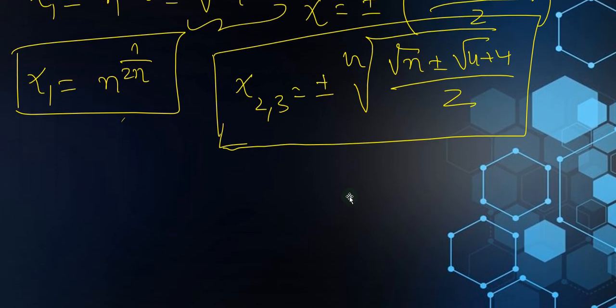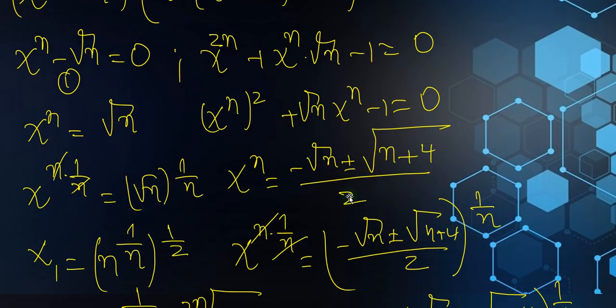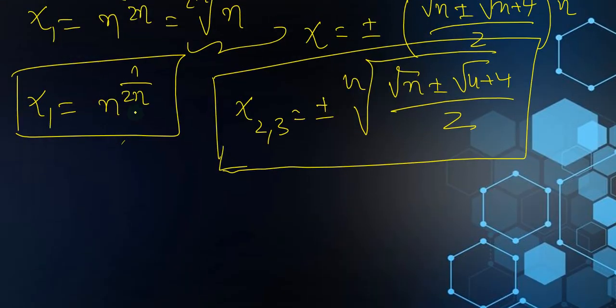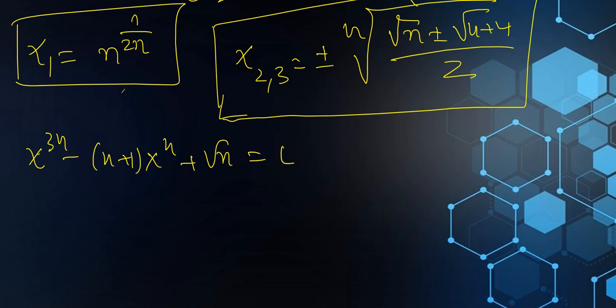So in case you want to check if we did it right, we can check with the first solution, right? The first solution is this one. So our problem is x to the 3n minus n plus 1 times x to the n plus square root of n, and then this is 0.